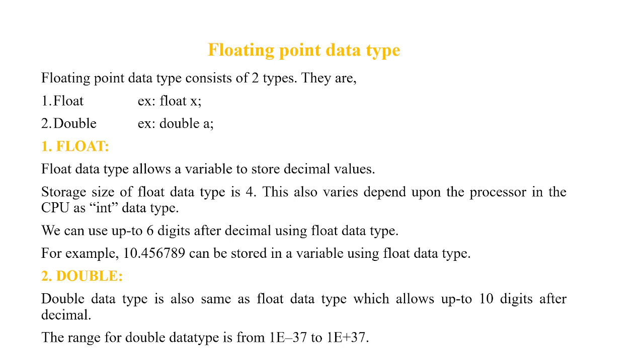And the range for the double data type is 1e to the power of minus 37 to e to the power of plus 37. So these are the basic data types.